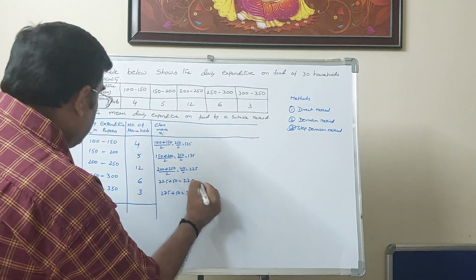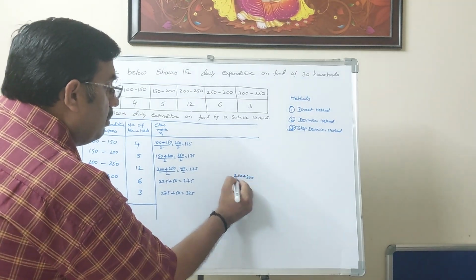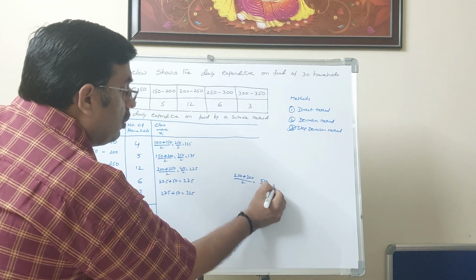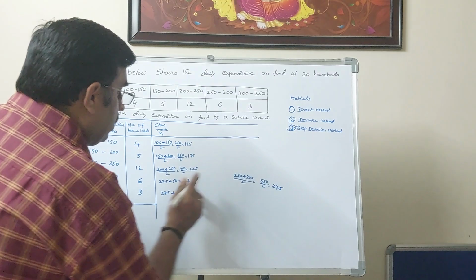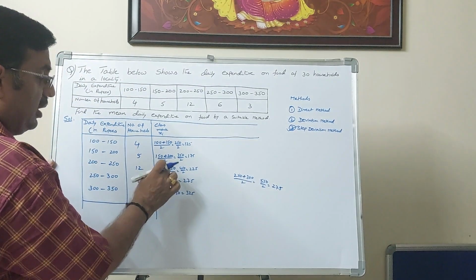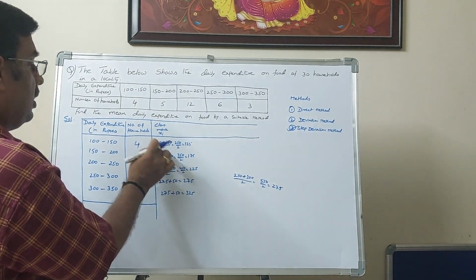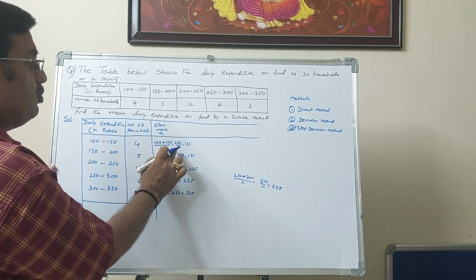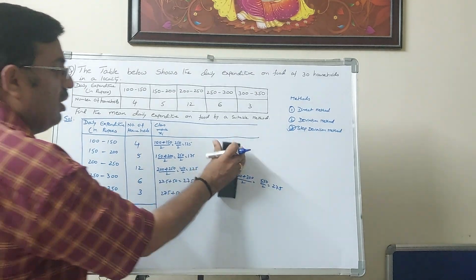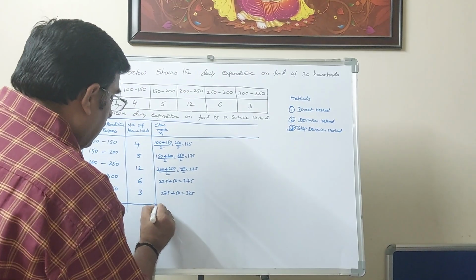Or you can do 250 plus 300 by 2 is equal to 550 by 2, which is 275. So either way you can do it, but the first one you have to do like this: 100 plus 150 by 2 is 250 by 2 is 125. After that you can add 50 for the rest of the class intervals. So this is the class mark.